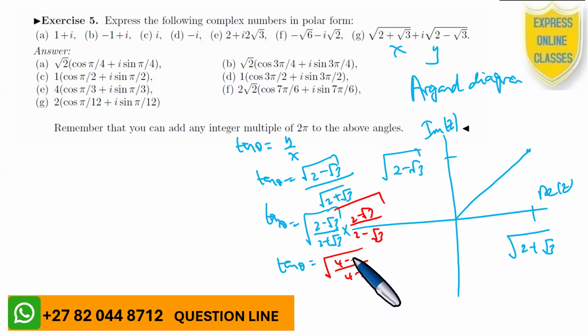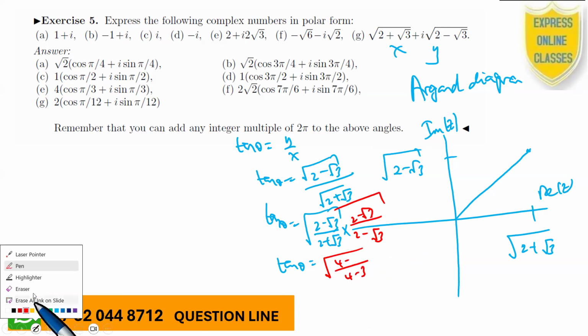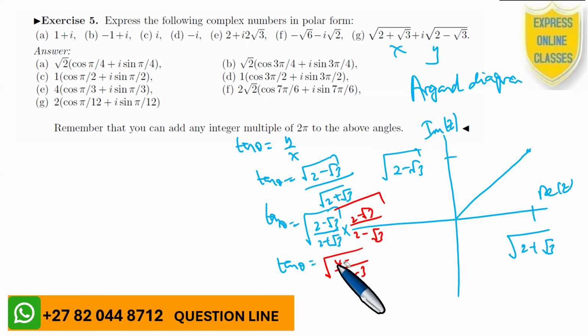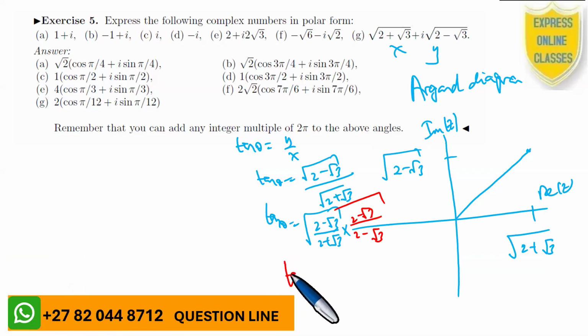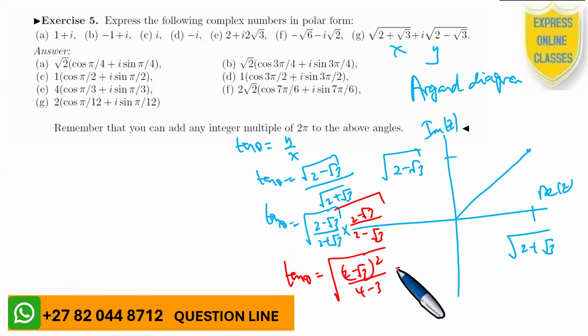So we're going to have this one, which is the tan of theta, 2 minus square root of 3 squared divided by 4 minus 3.